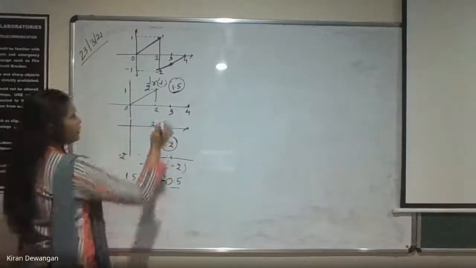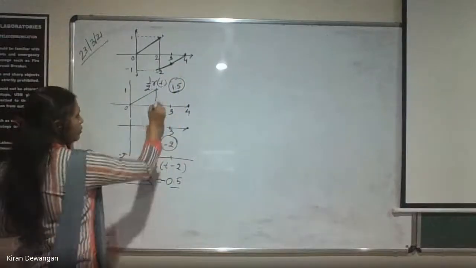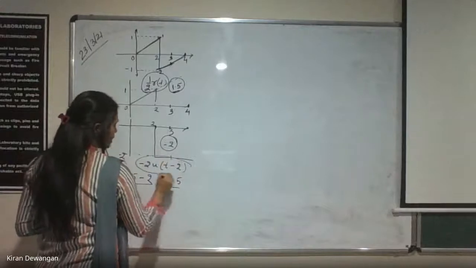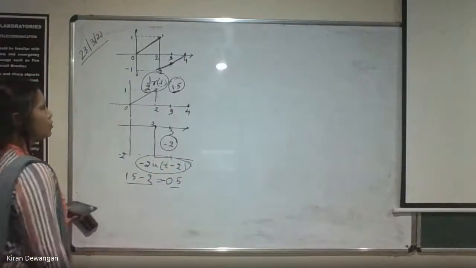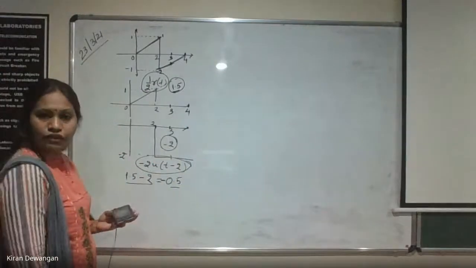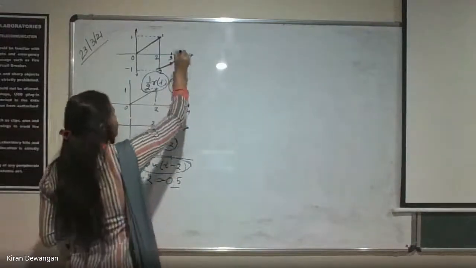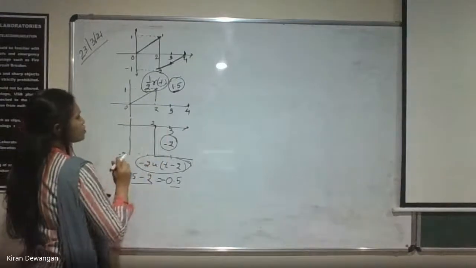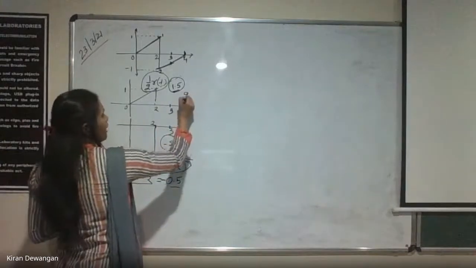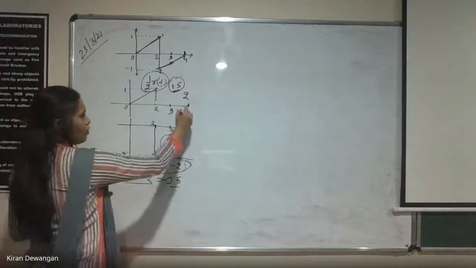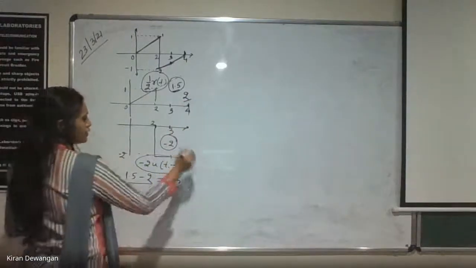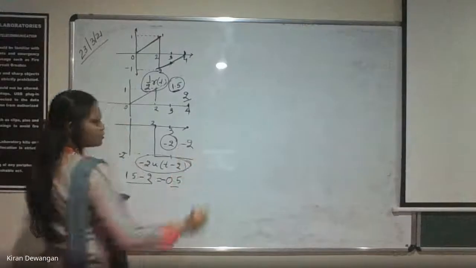So let it be till 4. That means we take 1/2 r(t) and this -2 u(t-2). It will continue till 4. Now if we check at 4, if we are adding these two, this signal will have value 2 and this signal will have value -2.